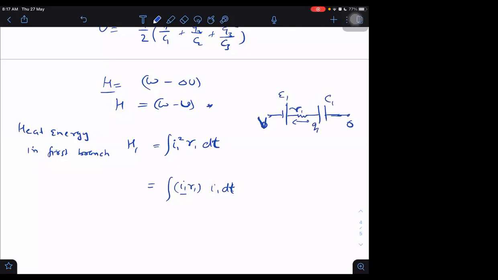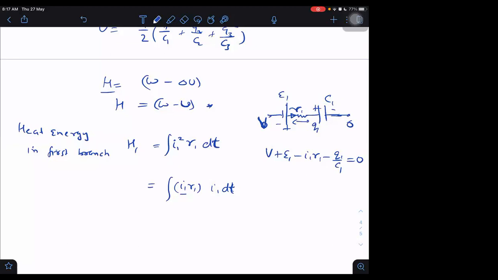If current is going this side, then starting from V plus E1, minus I1 R1 is the drop, then again minus Q1 by C1 is the drop. And then we are reaching 0 at the other side.